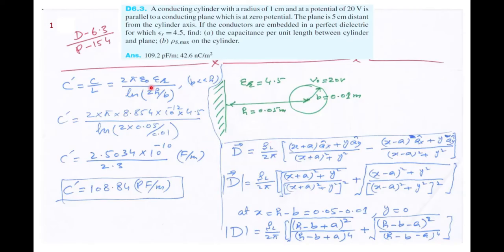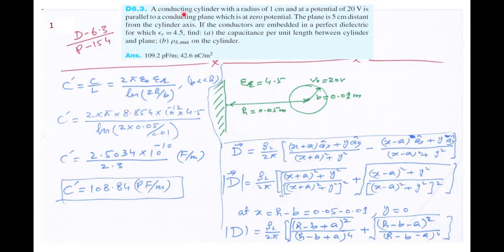Before going into detailed discussion, let us first solve the drill problem which we left in the last lecture. This is drill problem 6.3 on page 154. In this problem we are asked to find the capacitance per unit length between a cylinder and a conducting sheet, and the maximum surface charge density on the cylinder.